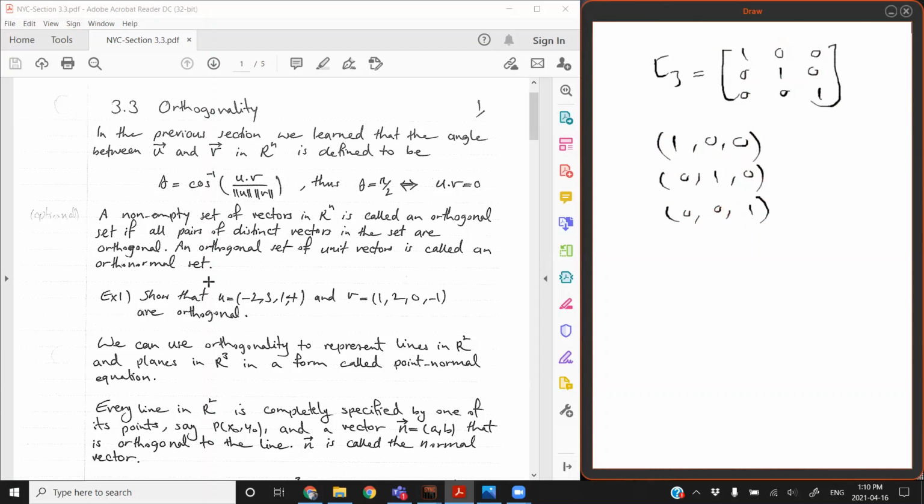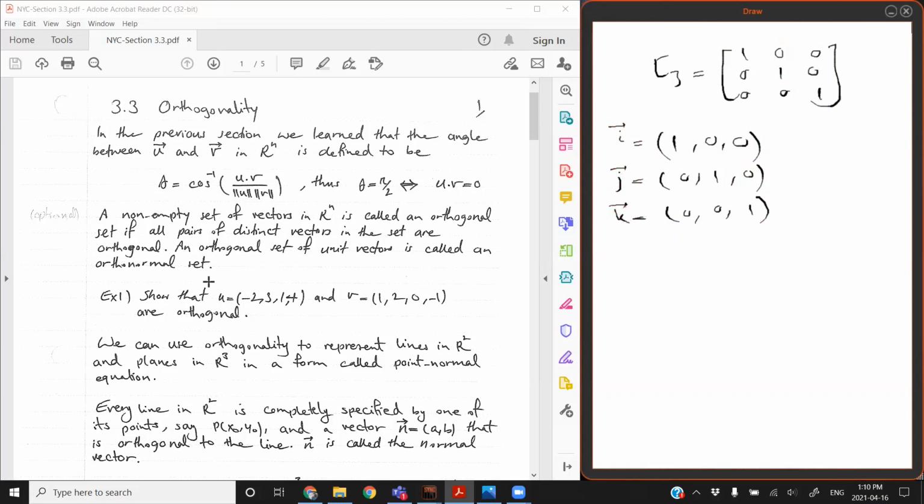And it's clear that these three vectors are orthogonal, each two of them. If you do the dot product, you're going to get 0. And also each one has a length of 1, so these are unit vectors. Basically, this is i, the standard unit vectors, and this is j, and this is k.